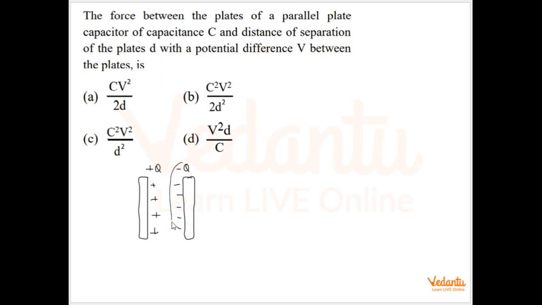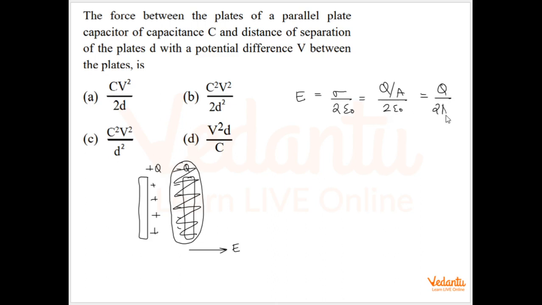Now, if you forget about this plate for a minute, what you will realize is that due to the first plate, there will be an electric field here in this direction. And that electric field is given by the formula sigma by 2 epsilon naught or Q by 2A epsilon naught.